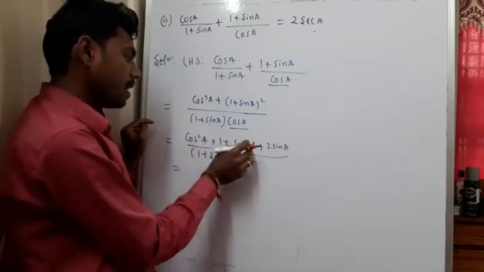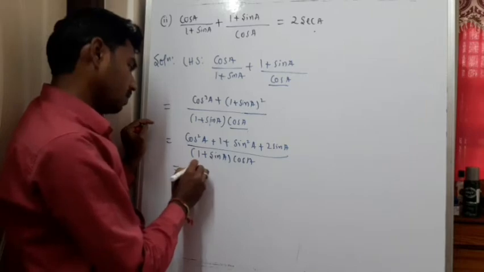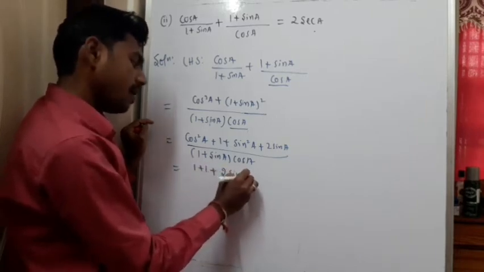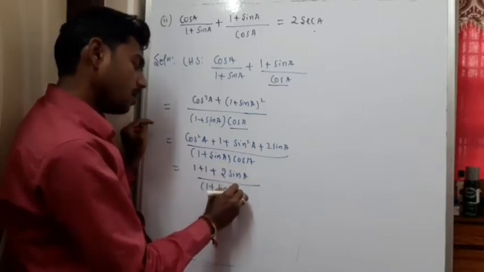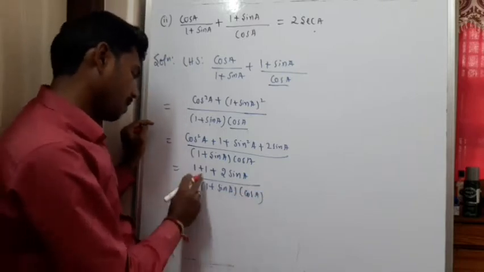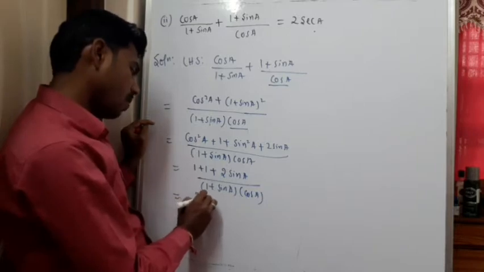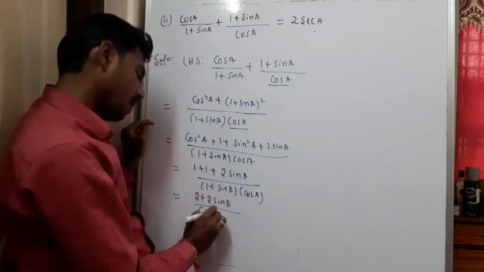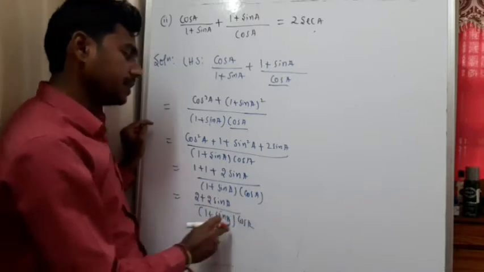Cos square A plus sin square A will give me 1 plus 1 plus 2 sin A divided by 1 plus sin A into cos A. Fine. Now, 1 plus 1, 2. 2 plus 2 sin A divided by 1 plus sin A into cos A. Any confusion?